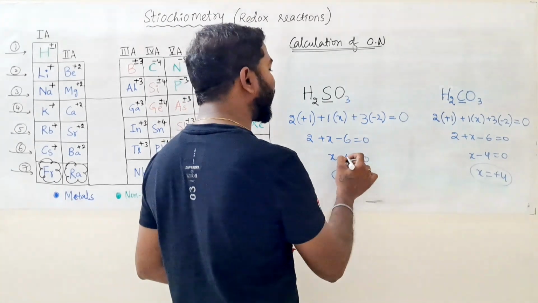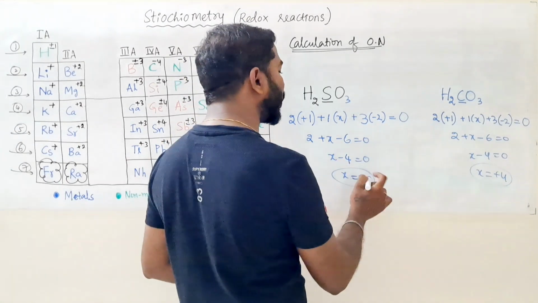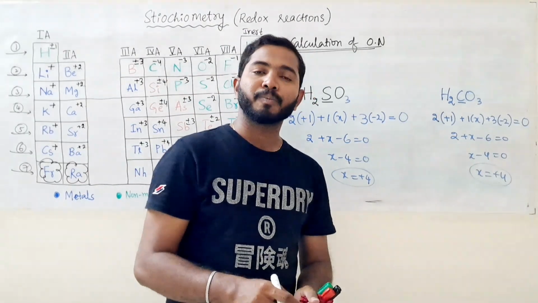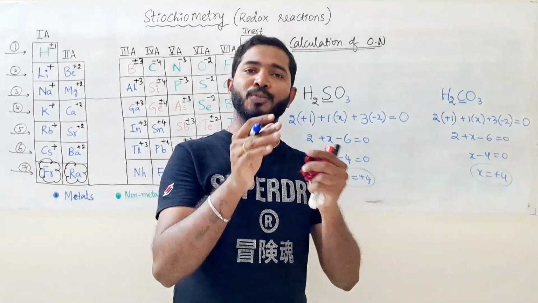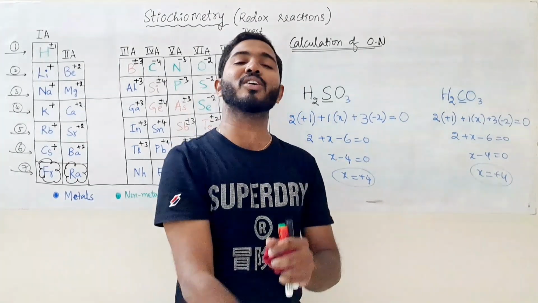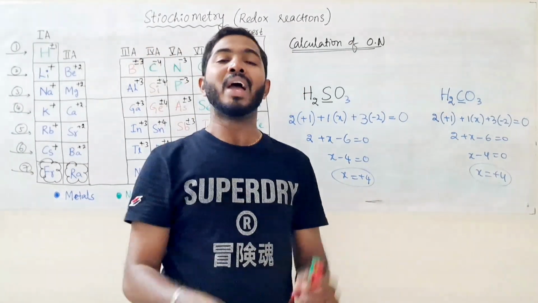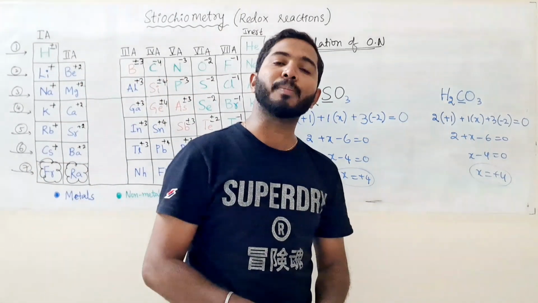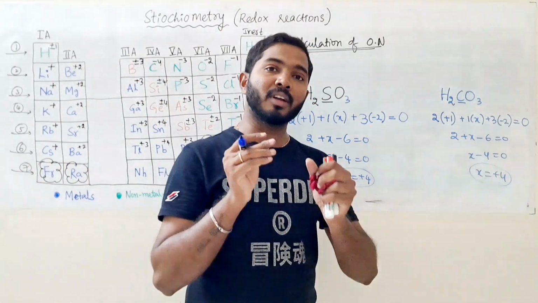So we get X minus 4, so X equals +4. So for sulfur, +6 is possible, +4 is possible, +2 is possible. For every element, the common oxidation number possible is 0, and we can even have -2. So these are the possible oxidation numbers for sulfur.